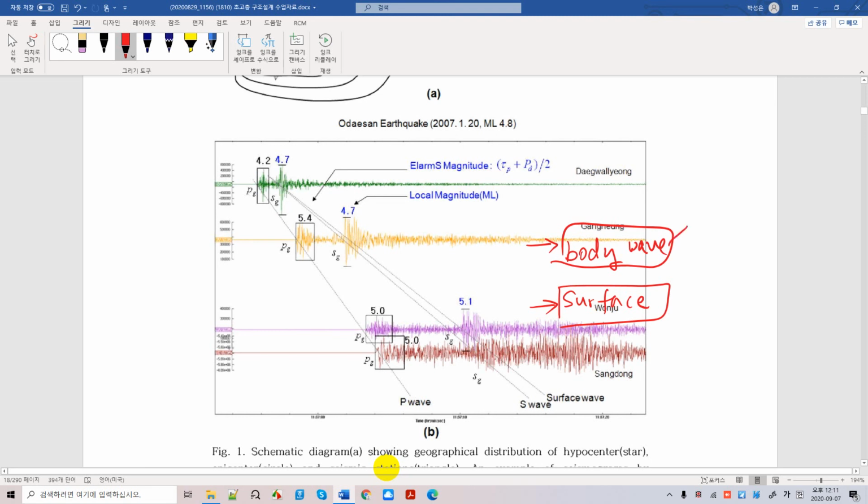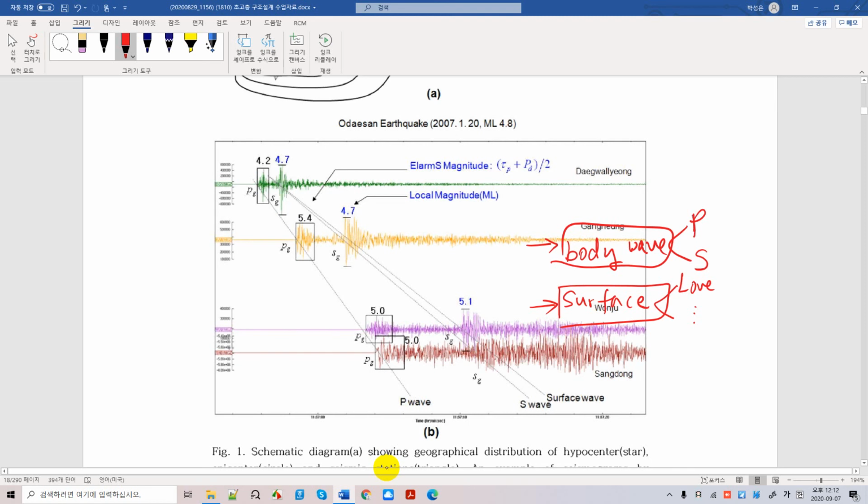Body waves also consist of P waves and S waves. The surface waves have some names, like Love wave and some other waves. But we don't have to know all the names of the waves. Probably some of you have learned all these waves in high school and middle school.